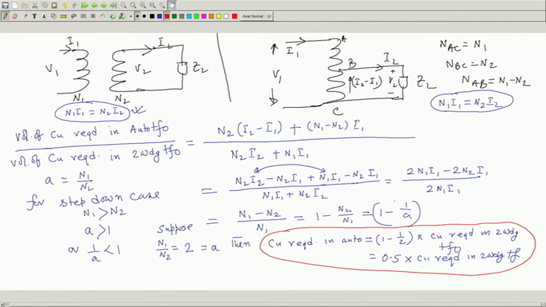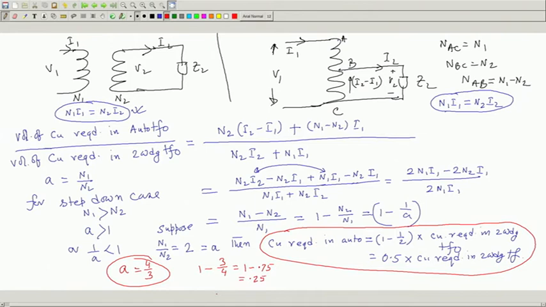For example, suppose I say that A is equal to 4 by 3. Then what will be the savings of copper? 1 minus 1 by A, 3 by 4. How much copper will be required? 1 minus 0.75. Only 1/4 of the copper will be required.